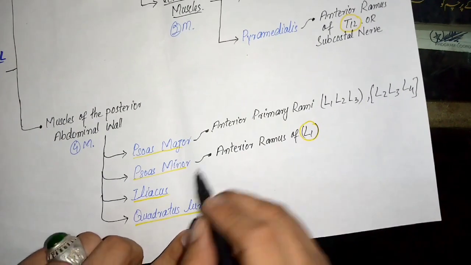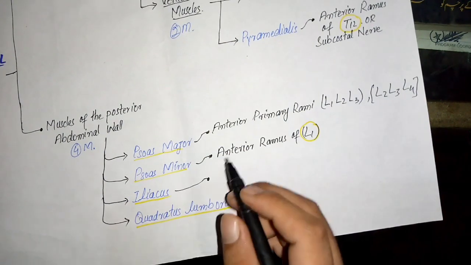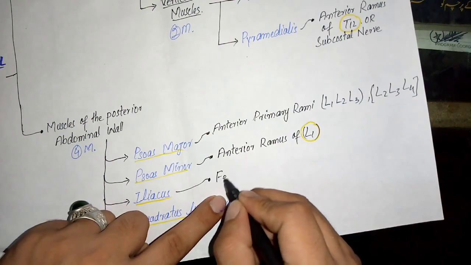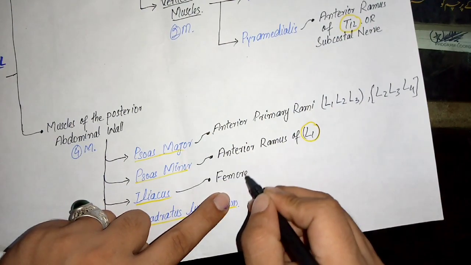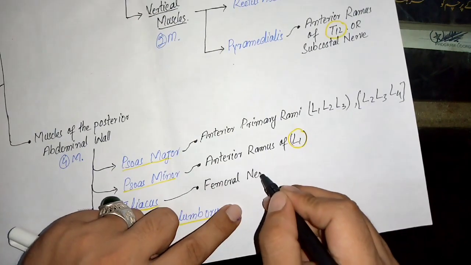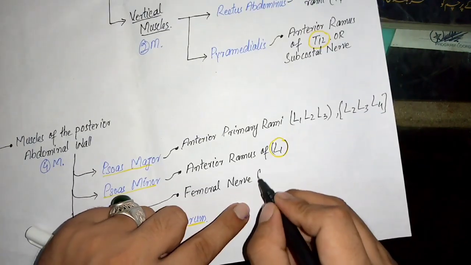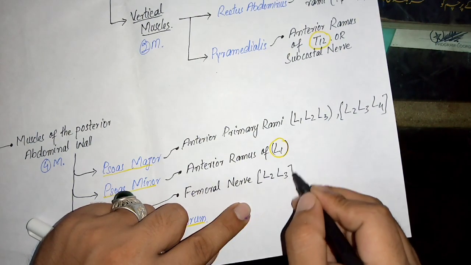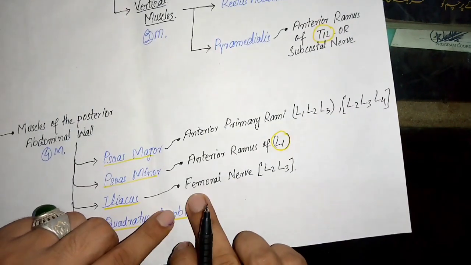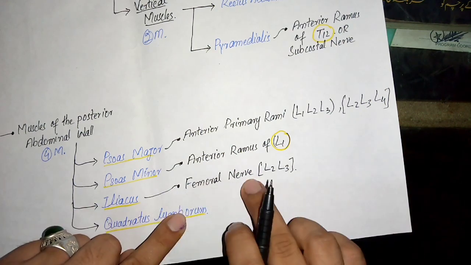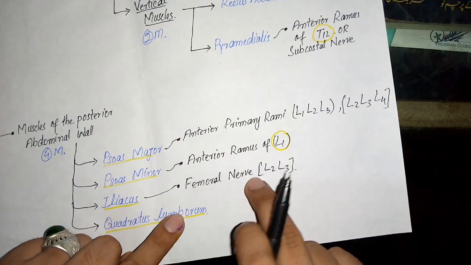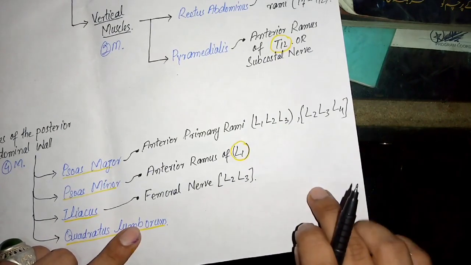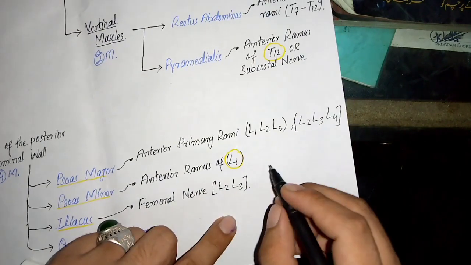In the other muscles we have iliacus, which is supplied by the femoral nerve, and its nerve root value is L2 and L3. Now you should be suspicious about the femoral nerve. Why are we studying the femoral nerve here? Before crossing the inguinal ligament, the femoral nerve is divided into two parts.